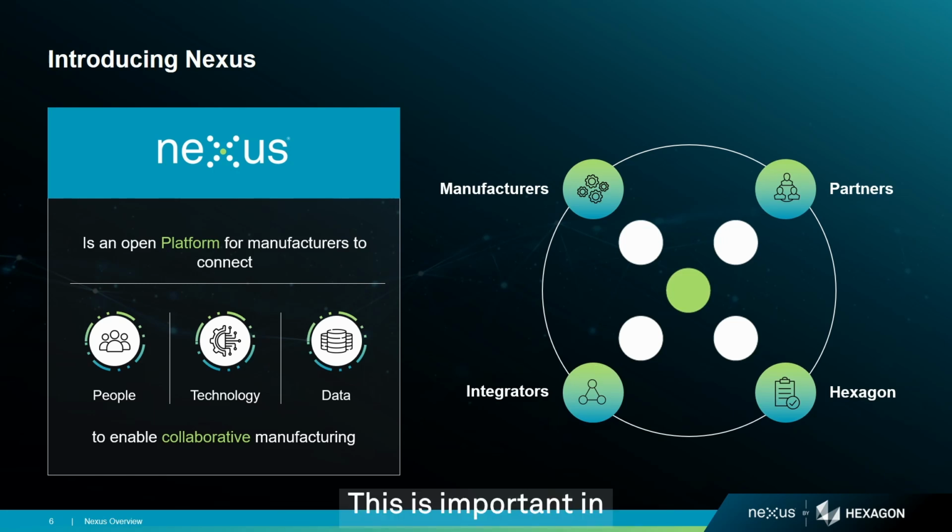And most importantly, we're working with manufacturers, customers like yourself, because you are the ultimate user of all this work that we're doing with our partners, with our integrators, and within our R&D. So it's really an ecosystem of different constituents that help you use this platform for connectivity and collaboration within your organization.